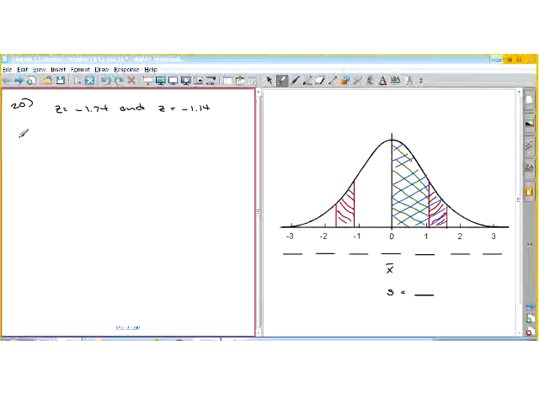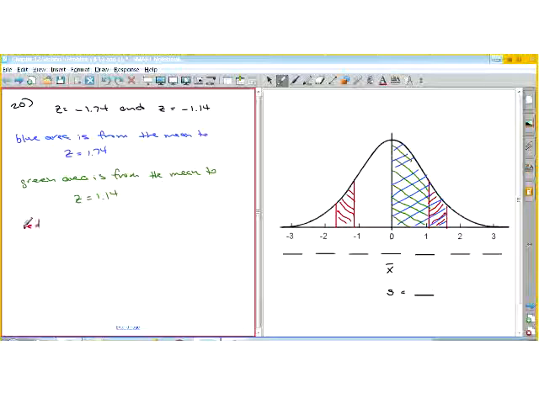So the blue area is from the mean to z equals 1.74. And the green area is from the mean to z equals 1.14.